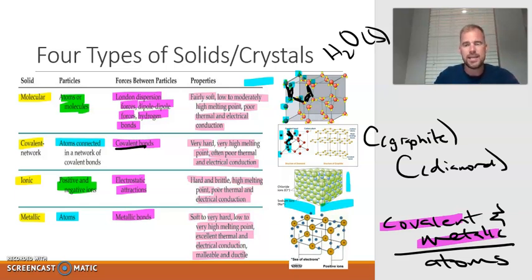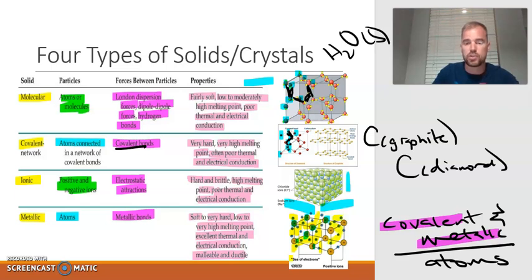Finally, what is a metallic crystal? If you think about like a gold bar, a solid gold bar where it's all gold atoms, what's holding those gold atoms all together? Well, a metallic bond, yeah, but what is a metallic bond? It's where all the atoms, so in this case gold, all the gold atoms, they give up their electrons. So those giving up electrons are all these little tiny circles that are shown there.